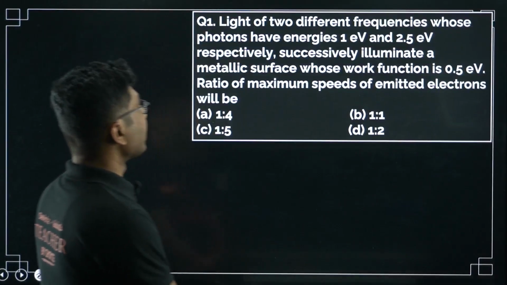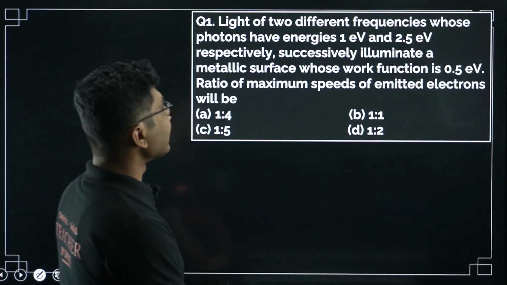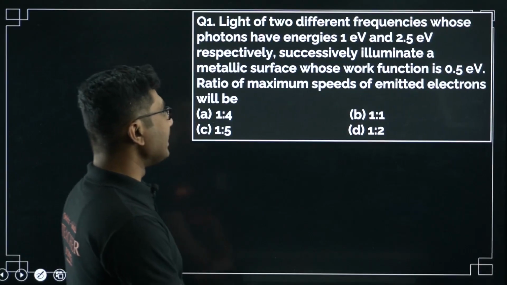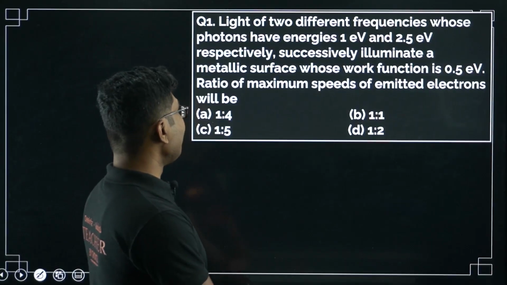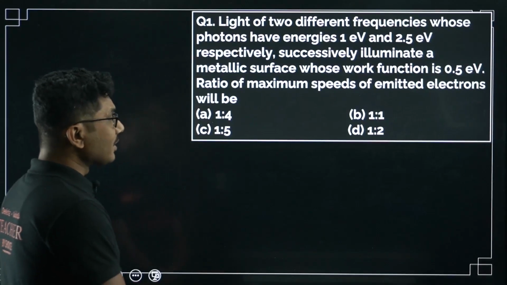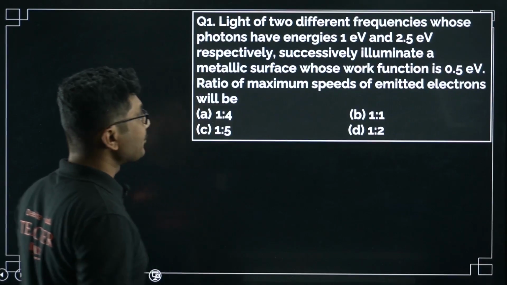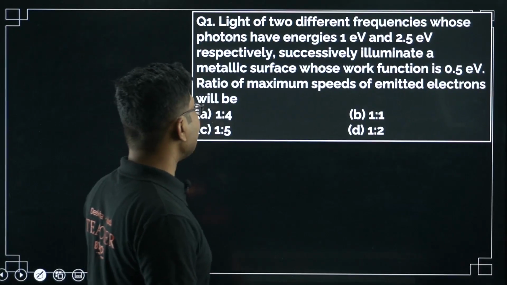Light of two different frequencies whose photons have energies 1 electron volt and 2.5 electron volt respectively successively illuminate a metallic surface whose work function is 0.5 electron volt. The ratio of maximum speeds of emitted electrons will be.